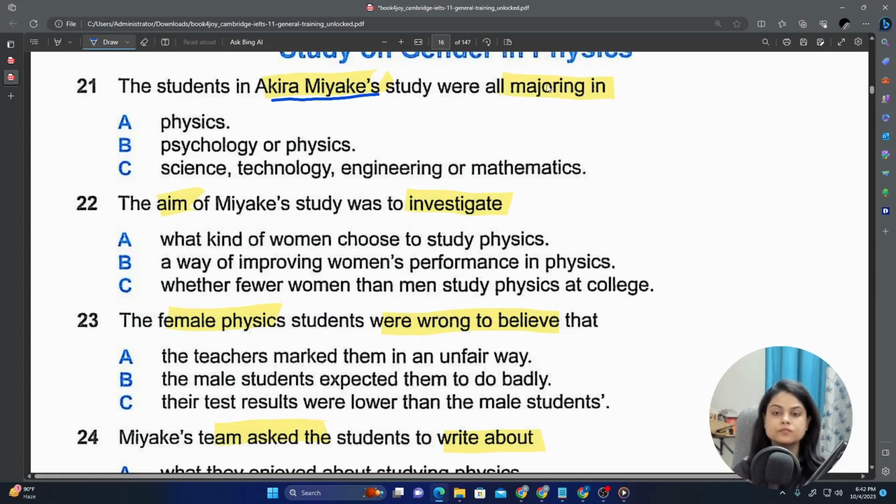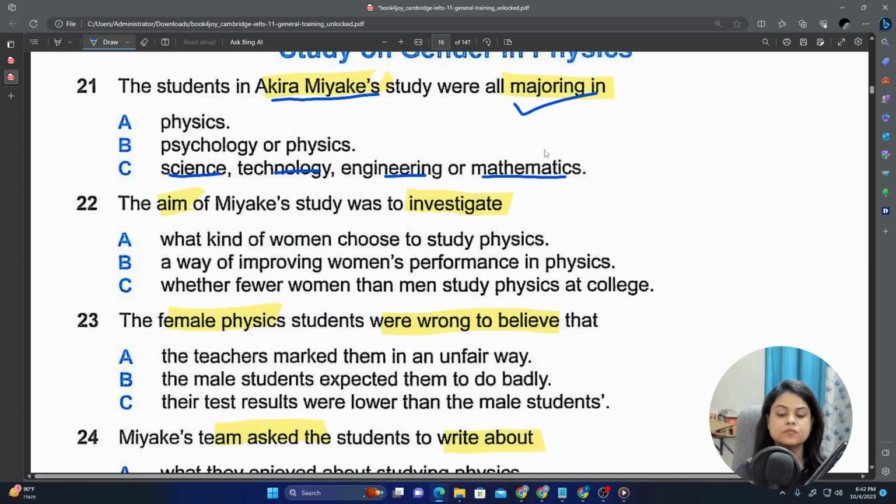I got a little confused at first about which students the study was based on. They weren't actually majoring in physics. They were majoring in what's known as the STEM disciplines. That's science, technology, engineering, and math. Yes, but they were all doing physics courses as part of their studies.